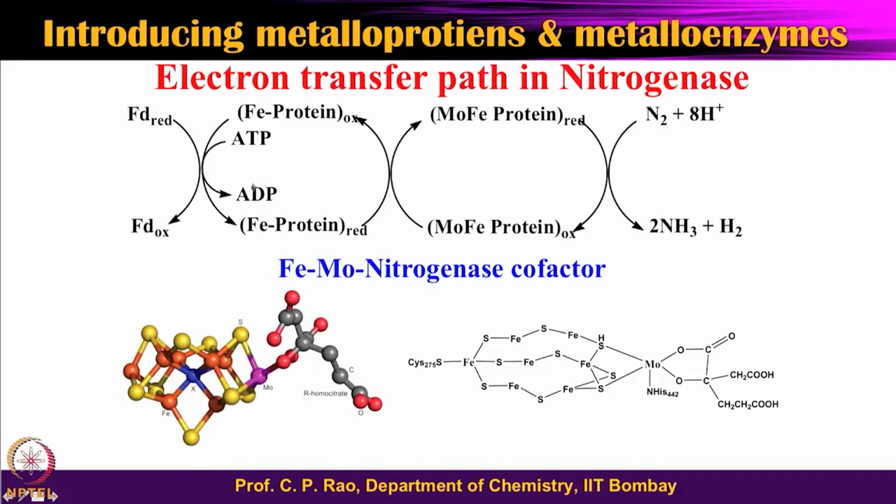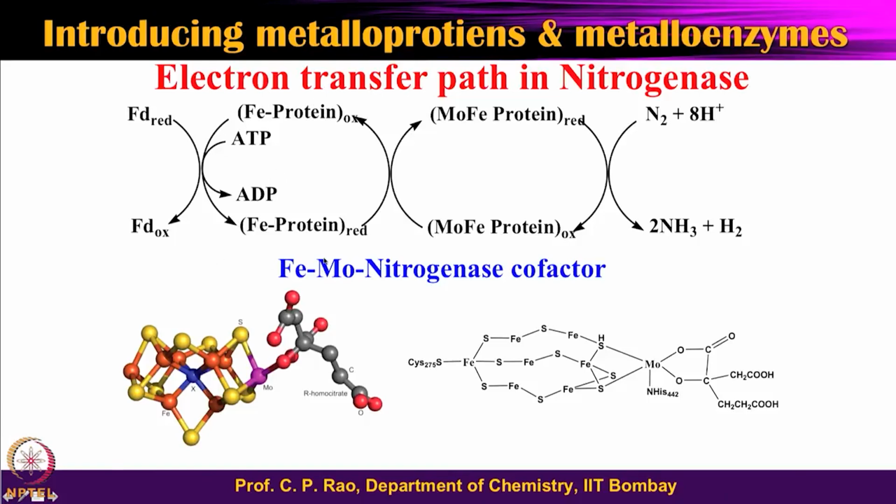Now, how does the Fe4S4 cluster iron sulfur protein get its electron? This electron comes from the reduced ferredoxin. When the reduced ferredoxin goes to oxidized ferredoxin, it gives an electron, and that redox potential is very well suited to add to the oxidized iron protein or oxidized Fe4S4. So, the oxidized Fe4S4 goes to the reduced Fe4S4 when the ATP hydrolysis is triggered.